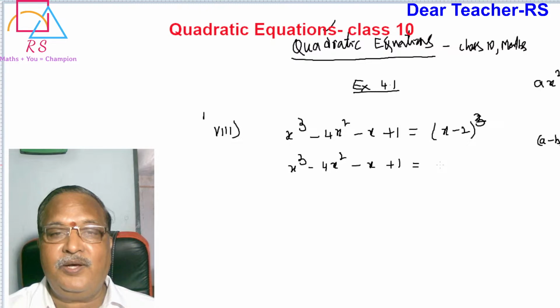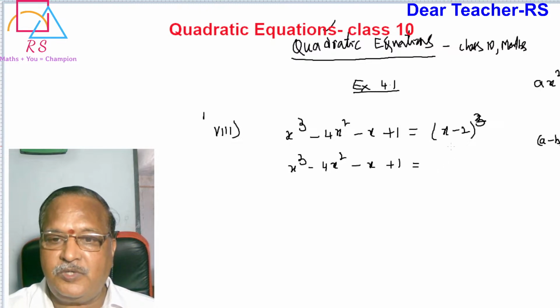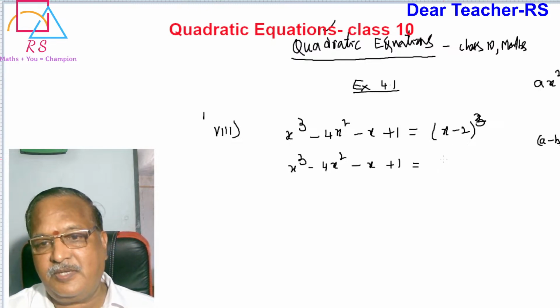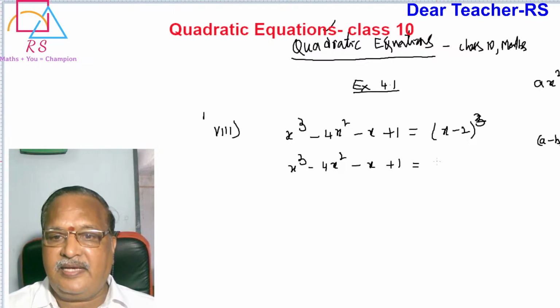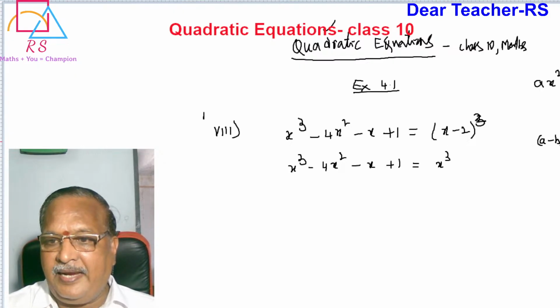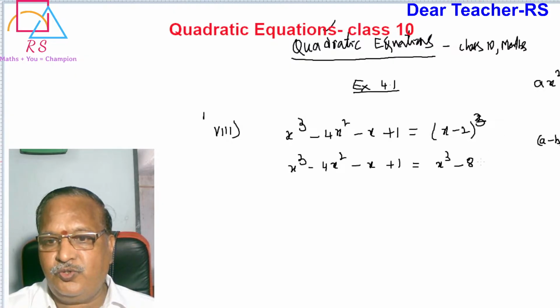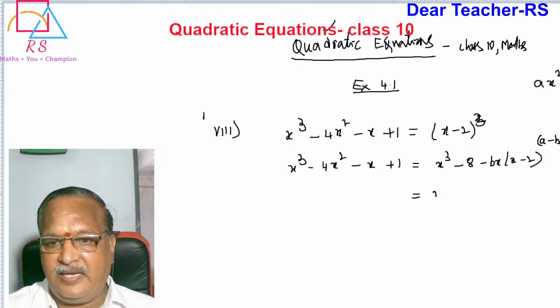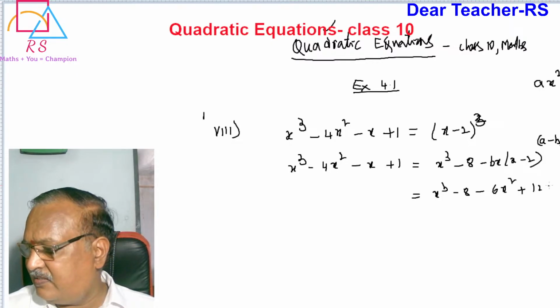I will do it directly, because if you want to learn it you can learn it separately. x cube minus 8 minus 3ab, 3 into x into 2, minus 6x into x minus 2. So still there is x cube minus 8, 6x into x is 6x square, plus 12x.